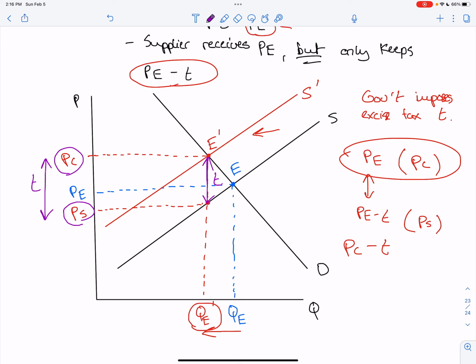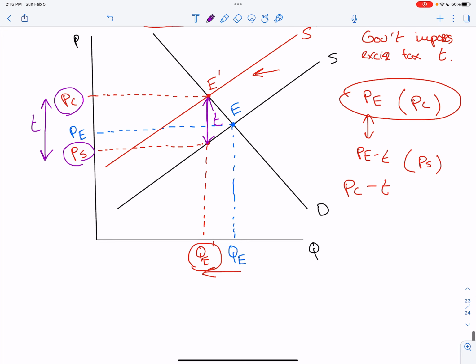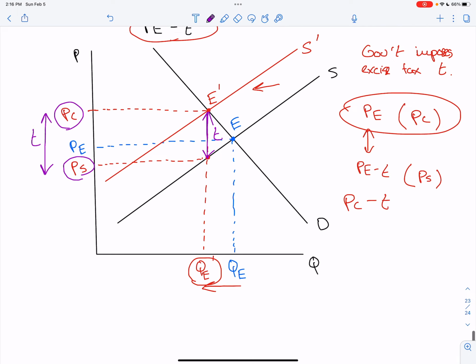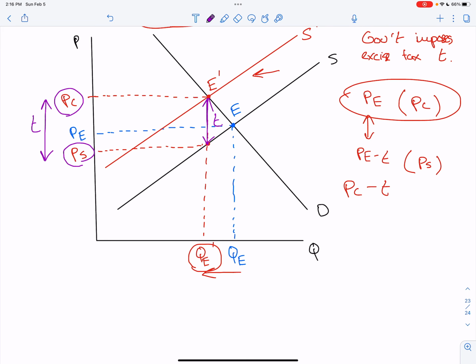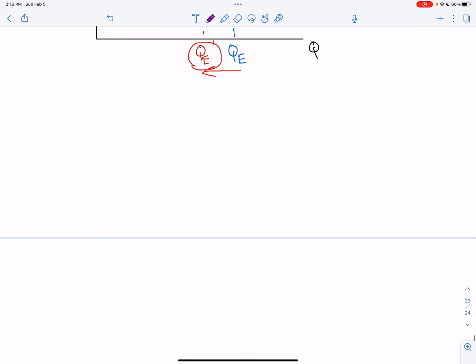Okay, now the question becomes, who bears the burden of this tax? Let's write down this problem like this. Who bears the burden of the excise tax?